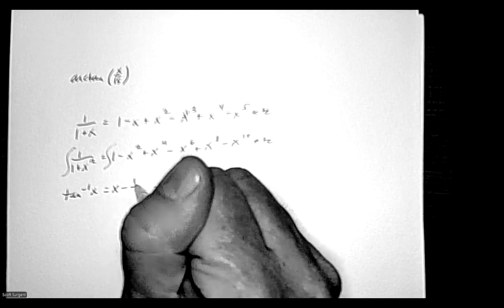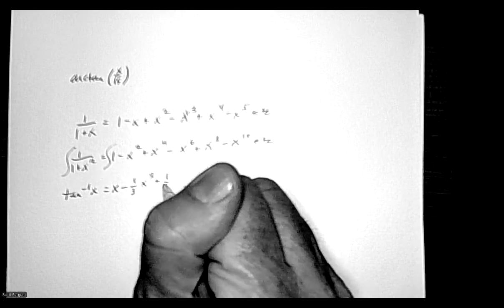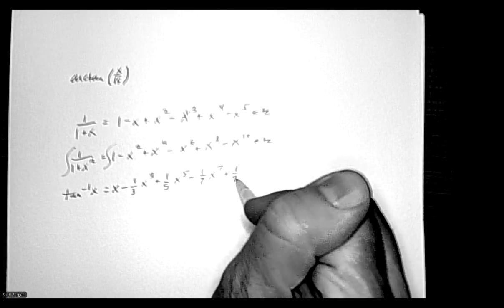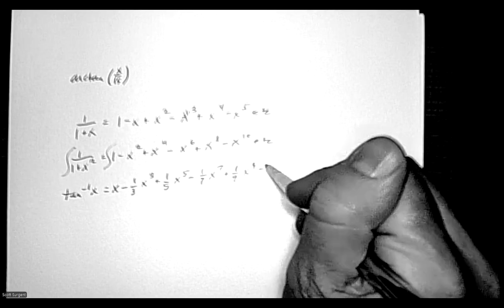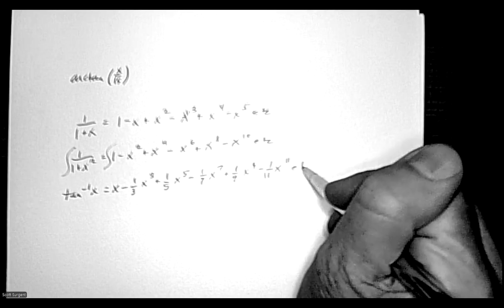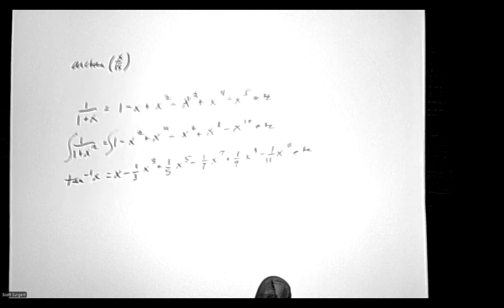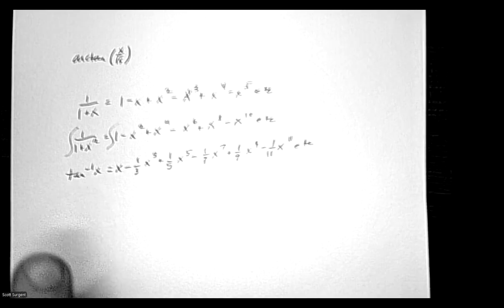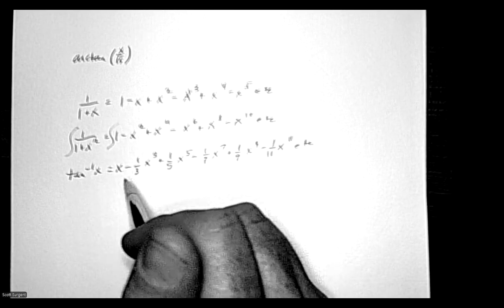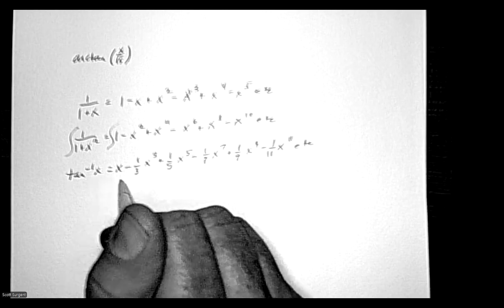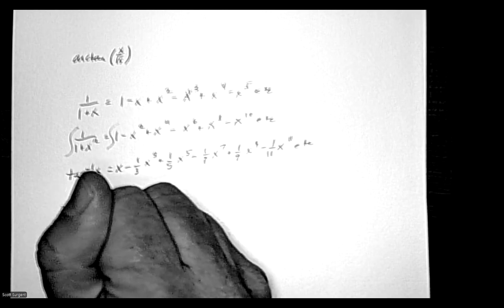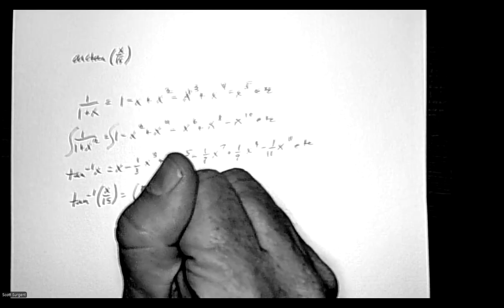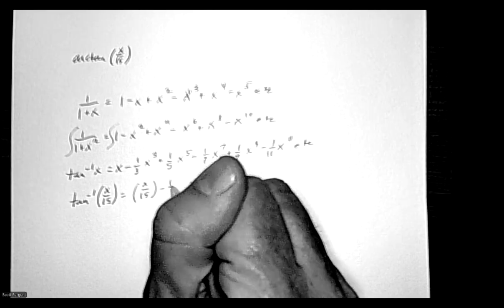And I get x minus 1/3 x cubed plus 1/5 x to the 5, take away 1/7 x to the 7th plus 1/9 x to the 9, take away 1/11 x to the 11th, etc. Now, the only adaptation, if I want x over 15, is to just replace all the x's with x over 15s.